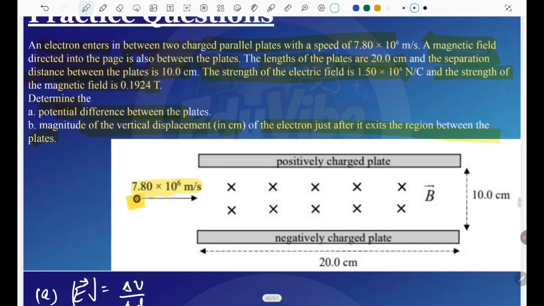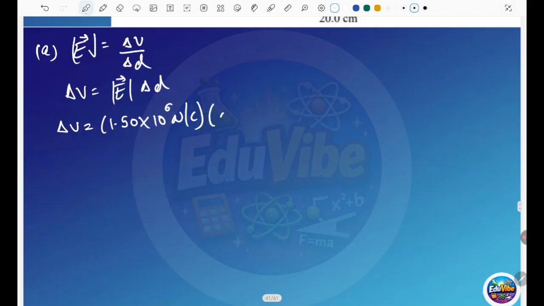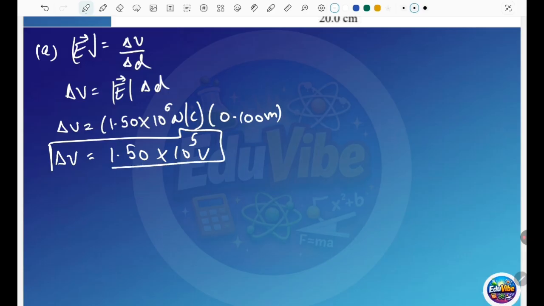Delta d is given in centimeters, but we want it in meters, so we convert it. So your delta V is about 1.50 times 10 raised to power 5 volts. This is the first part, and we have answered that.